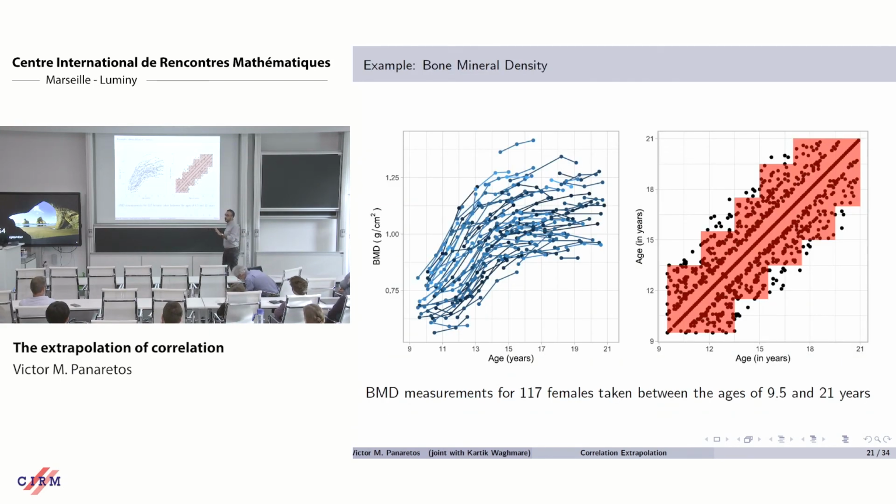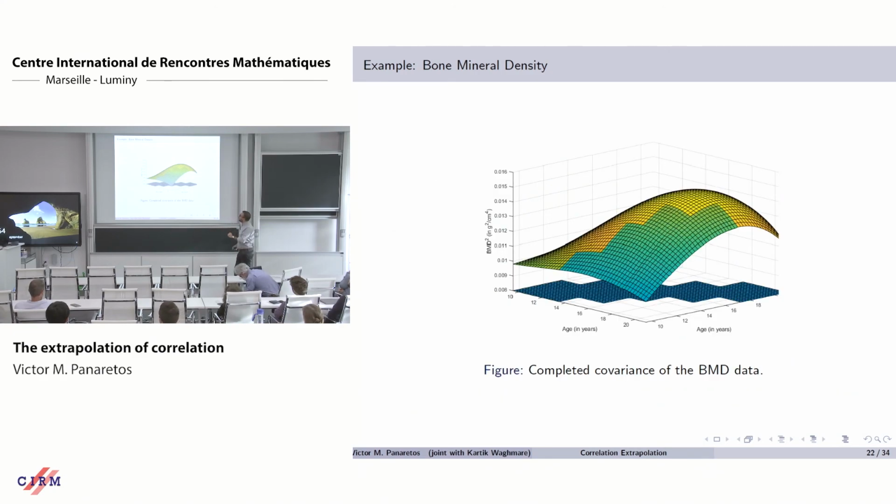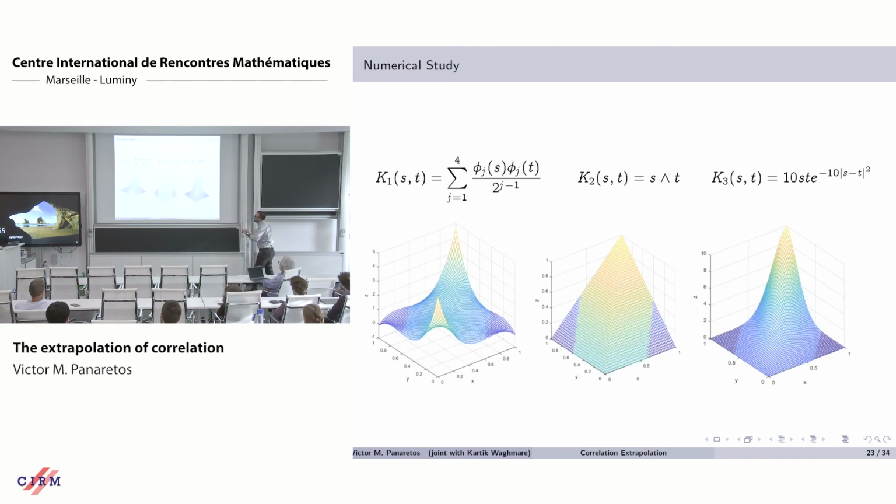I just wanted to show you 3 pictures just to show you that you can actually do this. So this is the bone mineral density example, and this is the extension that we get. In yellow is the partial covariance estimated via smoothing, and then the rest is the extension. And then we have some simulated examples.